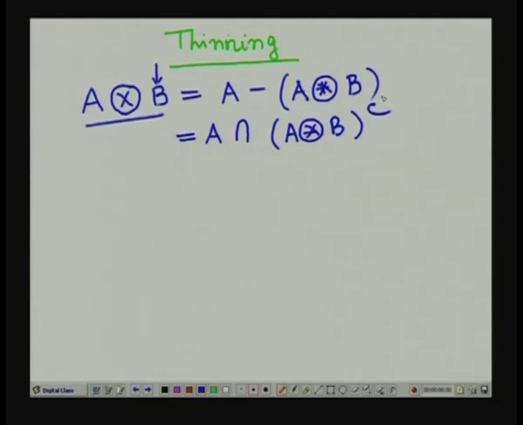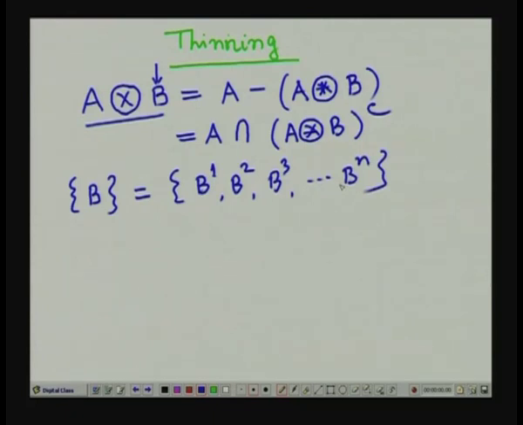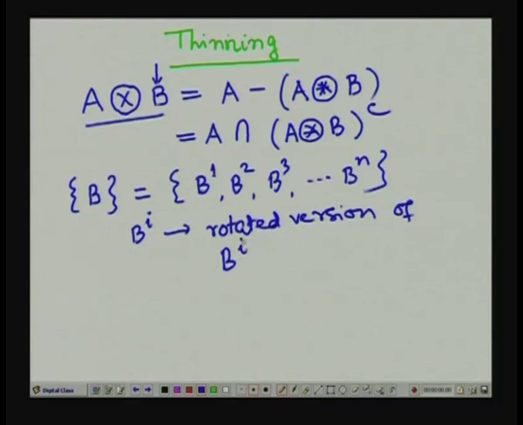Again, as before, instead of using a single structuring element, we use a set of structuring elements. So, we will assume that this structuring element B is a set of structuring elements, say B1, B2, B3 up to Bn, where every structuring element Bi is nothing but a rotated version of structuring element Bi minus 1.